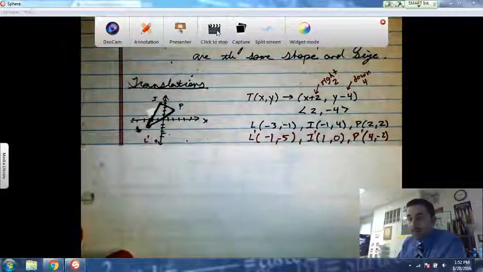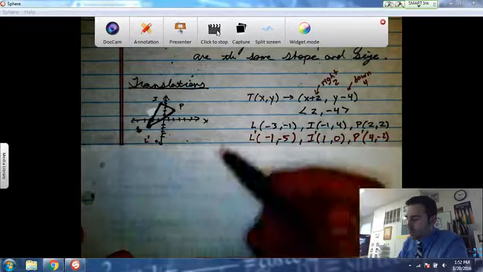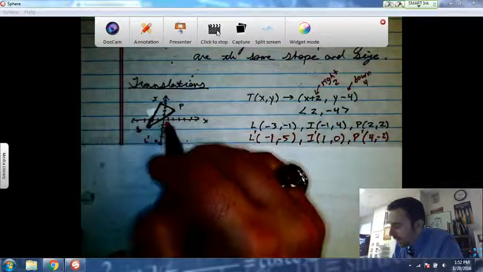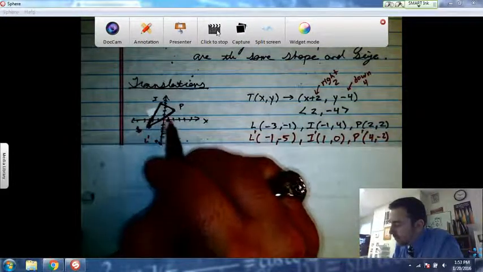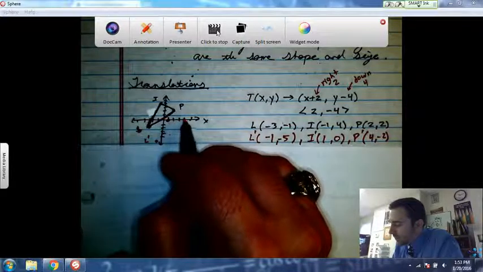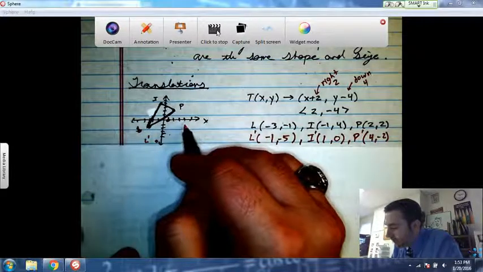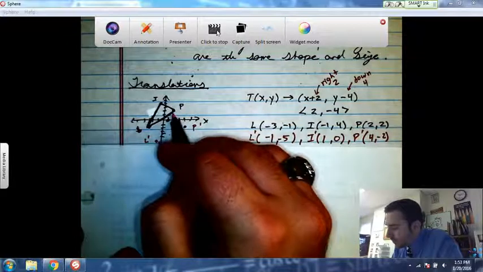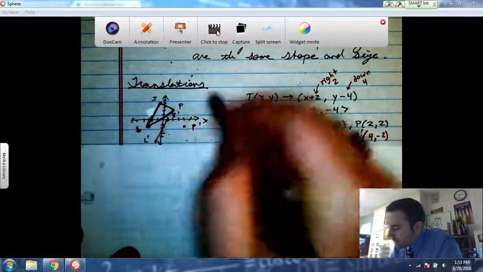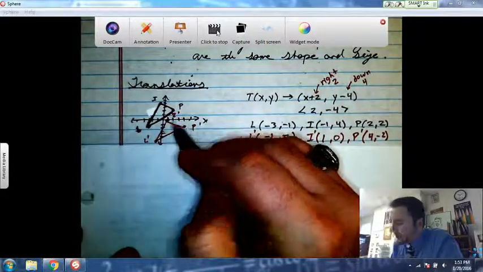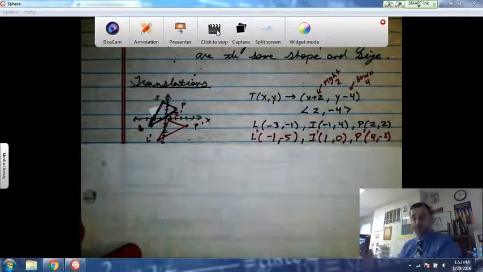And then I would have my image coordinates, which I could then plot. So either way that we want to do it, it would be fine. And so as you see from this triangle, it looks shifted right 2, down 4.